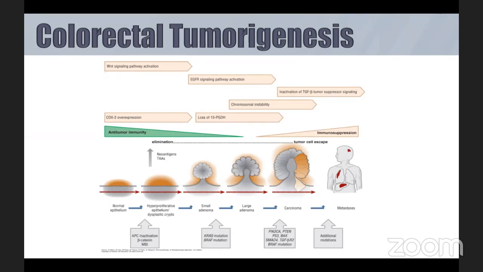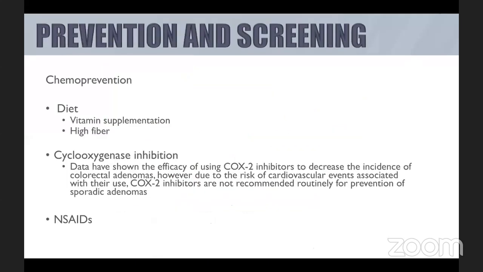The carcinoma is the cornerstone of colorectal tumorigenesis, which can further lead to metastasis. Keep in mind that some mutations might happen during this tumorigenesis. The most common are the KRAS mutation and the BRAF mutation, and we usually check for those to guide treatment in the metastatic setting, as we'll discuss later, as well as microsatellite instability, which we'll talk about further in the presentation.